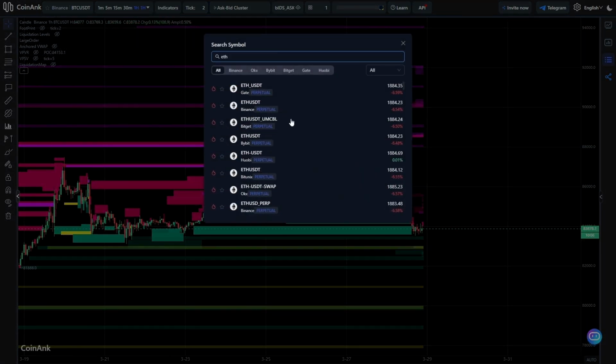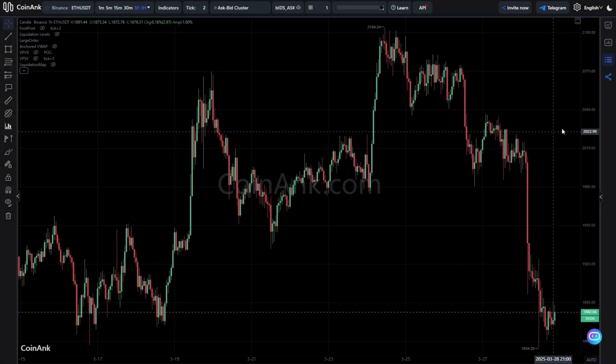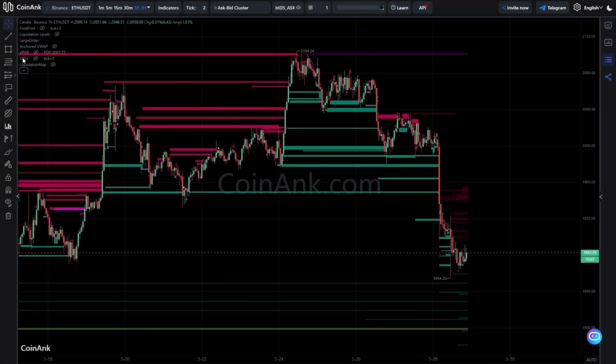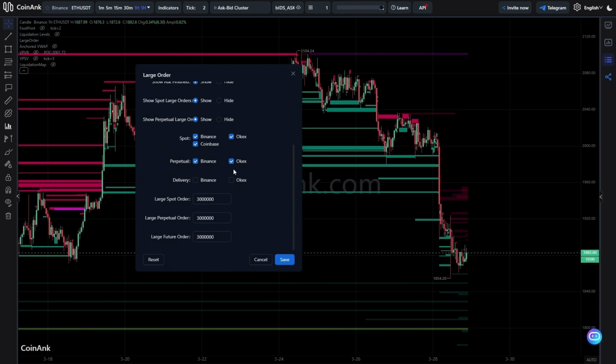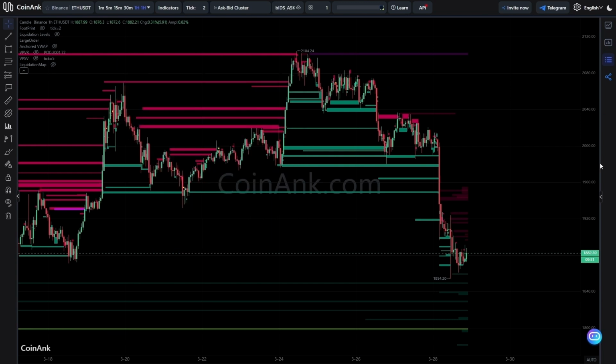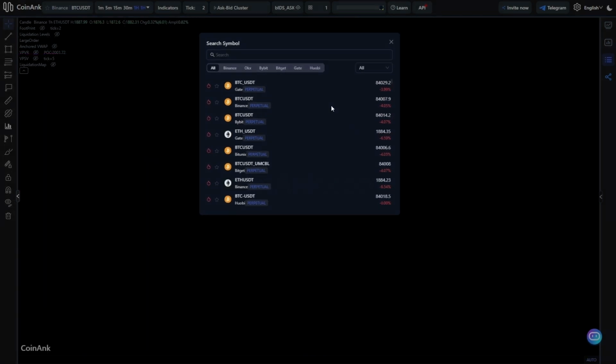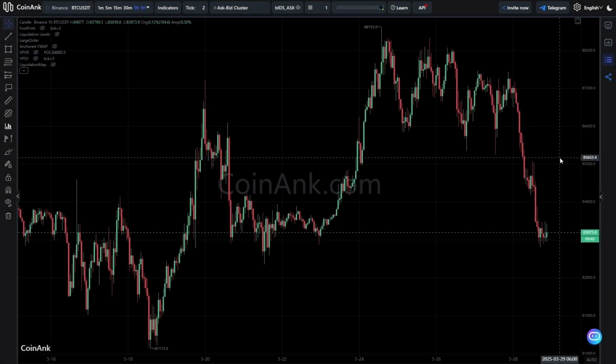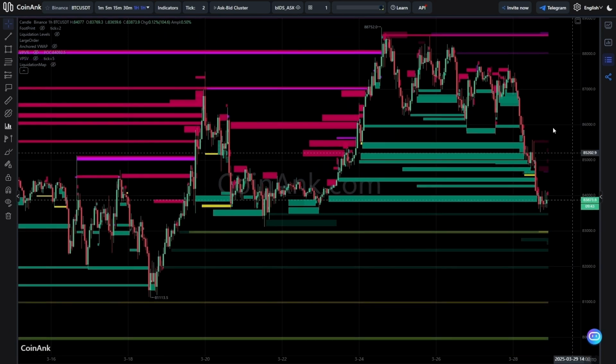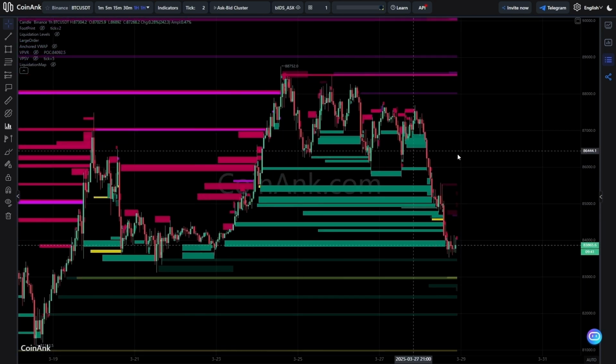If you go, for example, to Ethereum, here you will more than likely have to change them to lower numbers. For Ethereum, I have mine set to 3 million, but feel free to play around with it. You have to do this for every single coin. So lower cap coins, you want to put in lower numbers, of course.